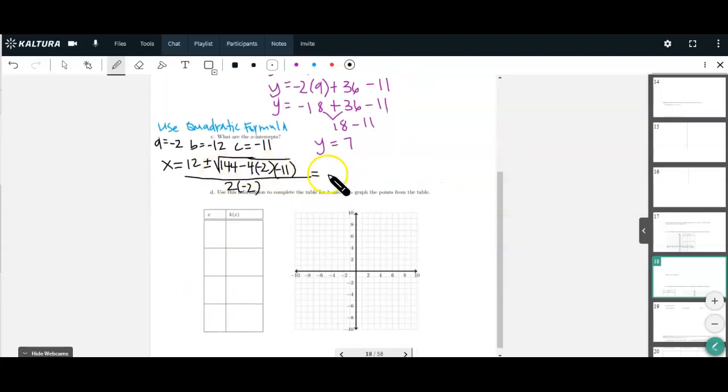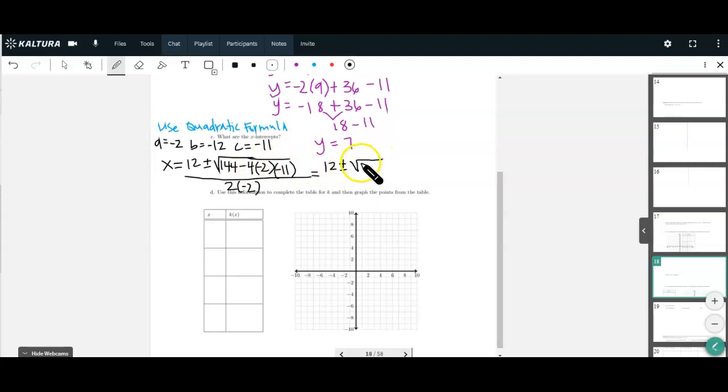Then let's simplify inside there. So I've got 12 plus or minus the square root of 144, and then multiply these together, so that's 144 and then -44, -88, because a negative times a negative times a negative gives me a negative number.